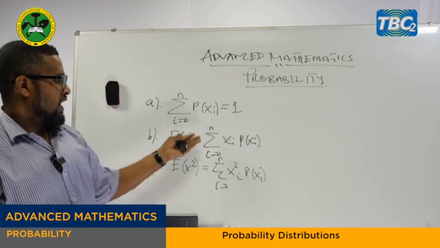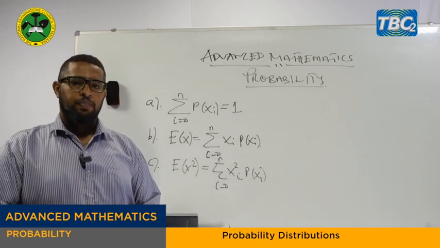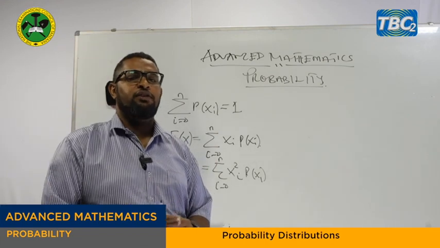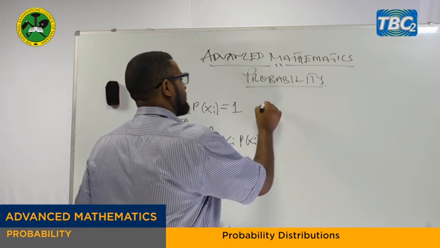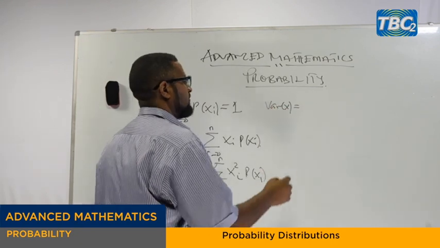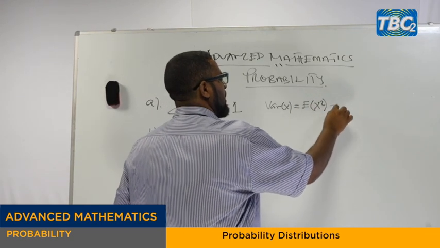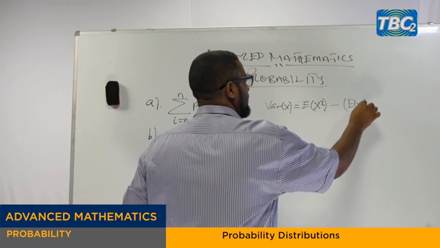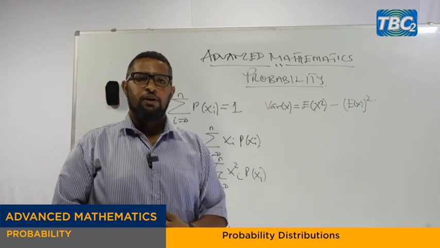But not only expectation, you may also be asked to find the variance of the discrete random variable. The formula for finding the variance of the variable x is given by the expectation of x squared minus the square of the mean, as you see displayed on the whiteboard.